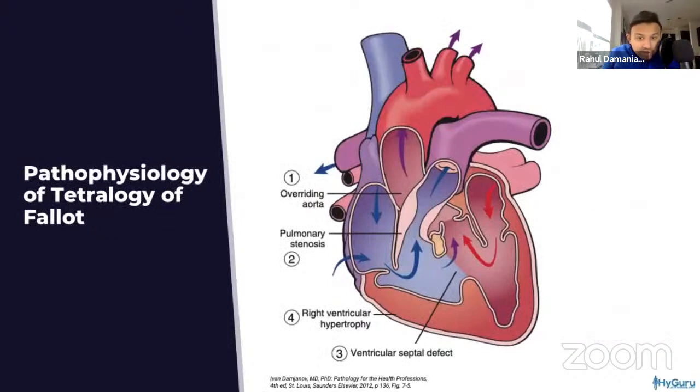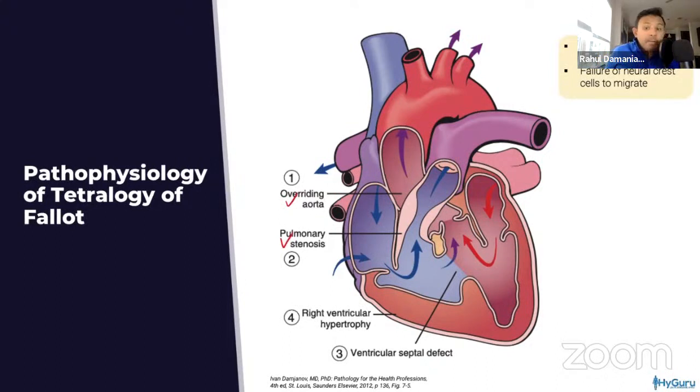When it comes to tetralogy of Fallot, remember that you have this embryological mechanism in which you have failure of the neural crest cells, which makes the actual conotruncal septum, the failure of neural crest cells to migrate, and thus you get an overriding aorta. That overriding aorta then, as it overrides, pushes into the pulmonary valve in the right ventricular outflow tract.